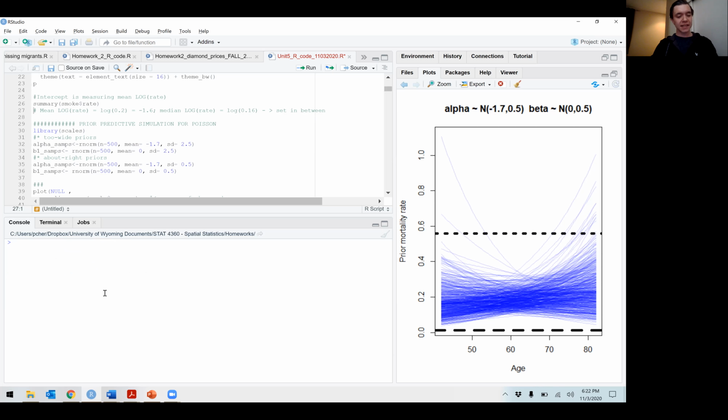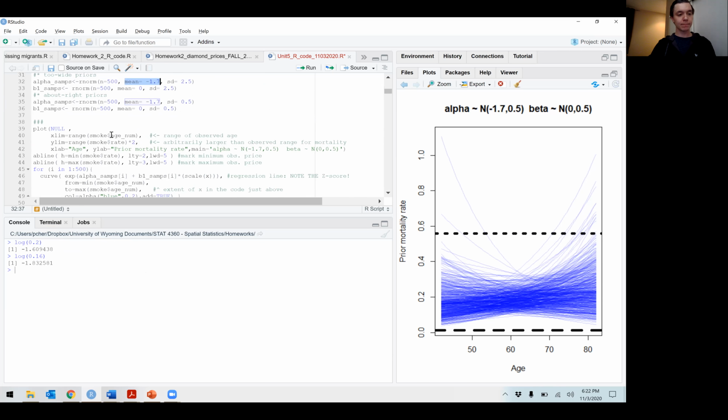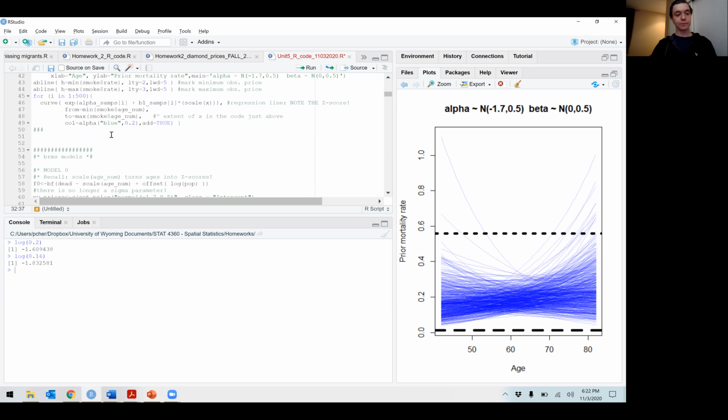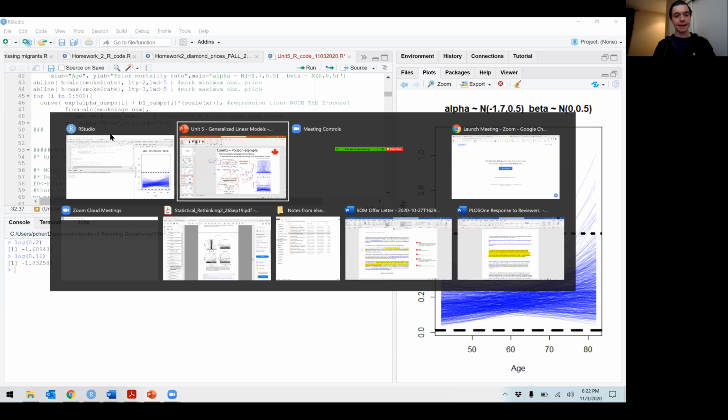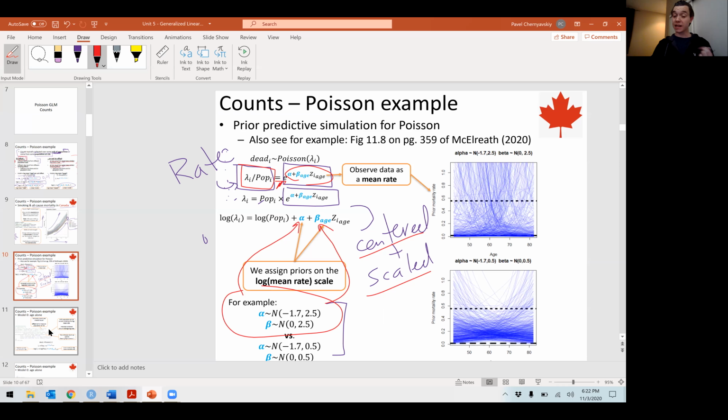But if you take the log of 0.2 and the log of, I think, 0.16, I set my prior mean to be in between those logs right there. Okay, so that's how we set our priors. So we have to be a lot more careful. On the exponential scale, things really blow up quickly.